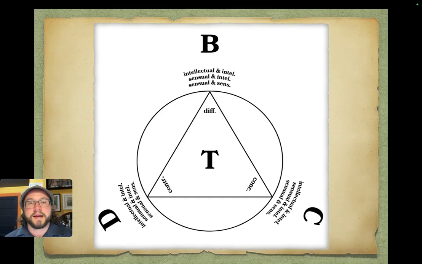So these ideas that you pull out of your box that are possibilities, they're concordant because they're related, but they're also different. And so you're looking through them to find the sort of sweet spot where they are similar, but they're different enough to spark an insight. And remember, what you're doing here is you're comparing ideas. So that is why it falls under this outer ring of intellectual and intellectual.